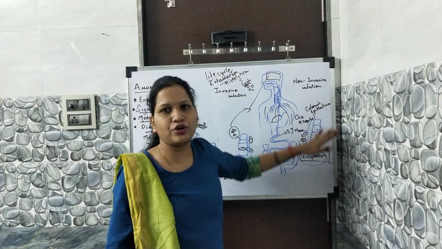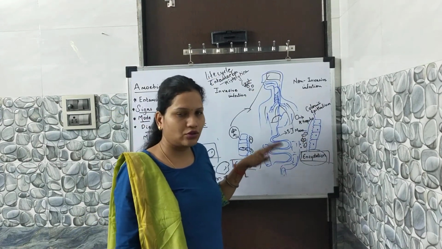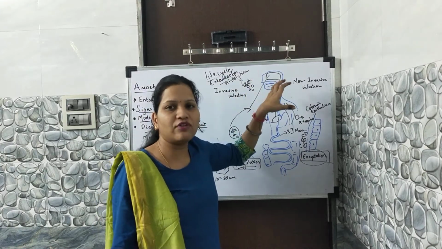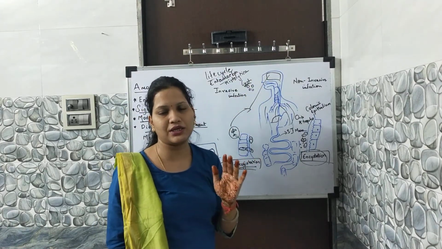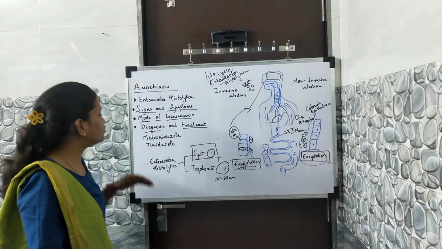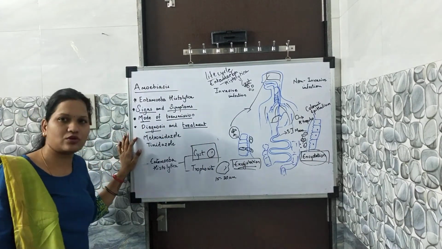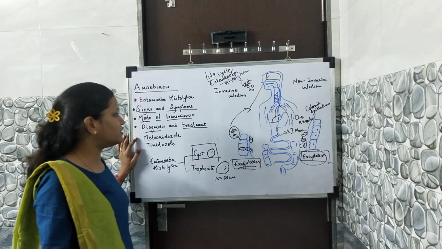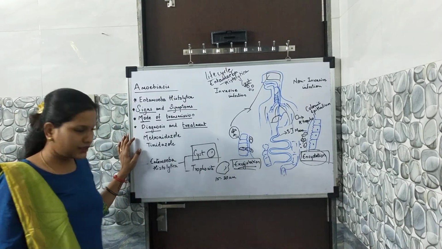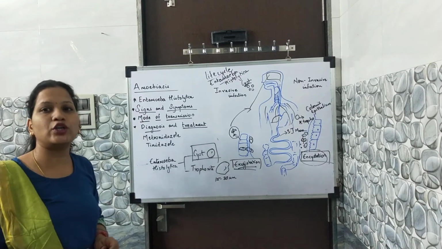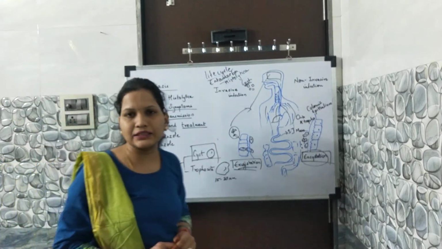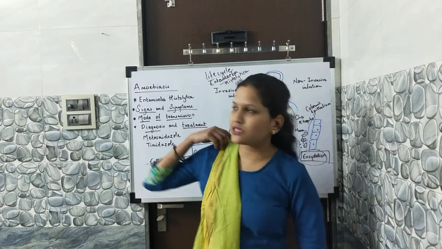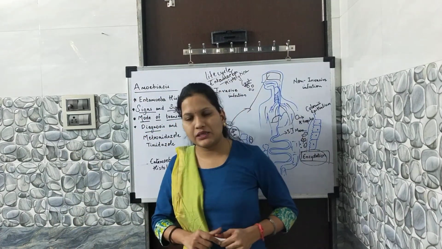Sorry, not the whole body, it infects a particular organ of the body. In severe cases, a person can die. We also discussed the diagnosis, which is microscopic examination of the stool, and the treatment, the medicine required to destroy the amoeba. So, in this way, we have discussed the disease called amoebiasis.